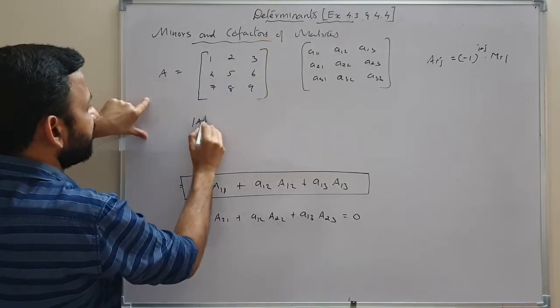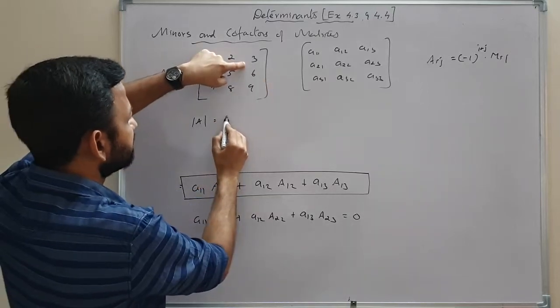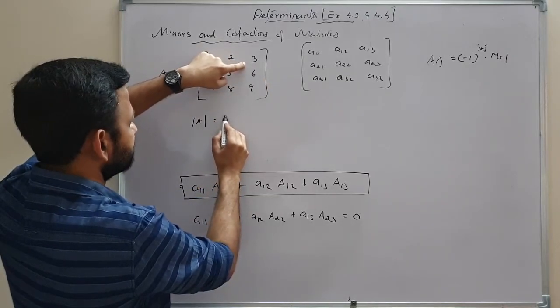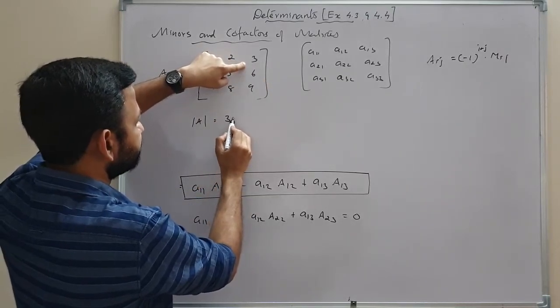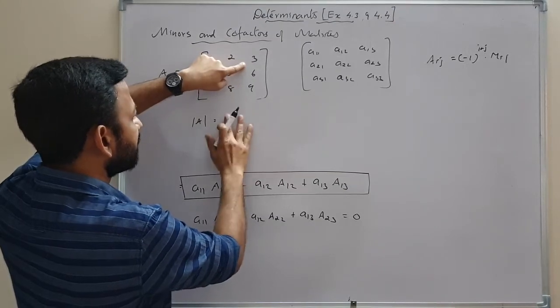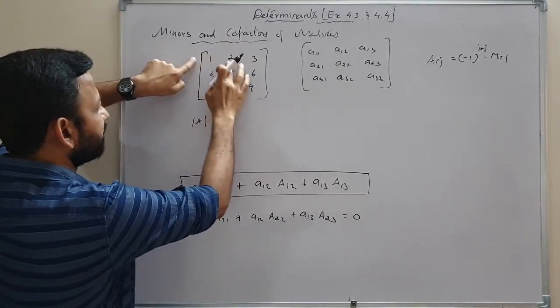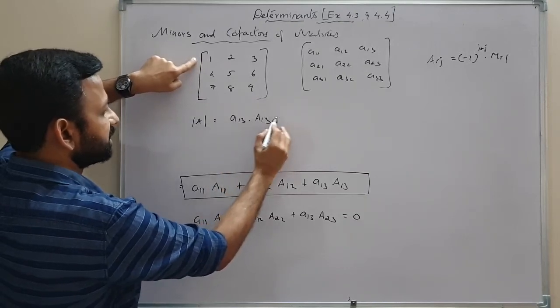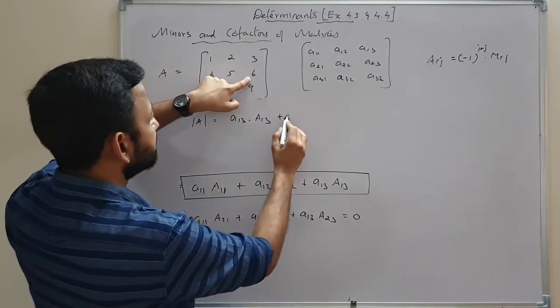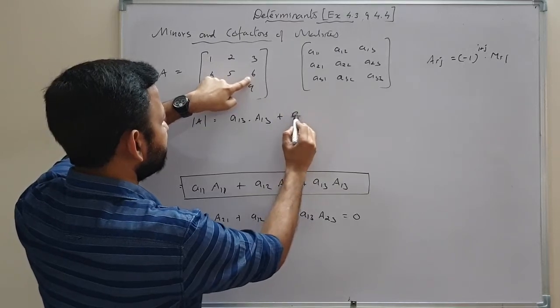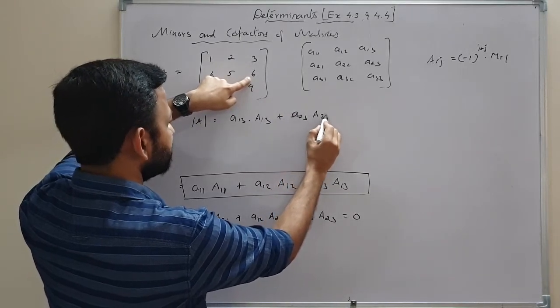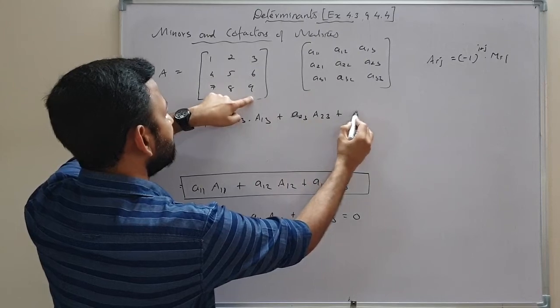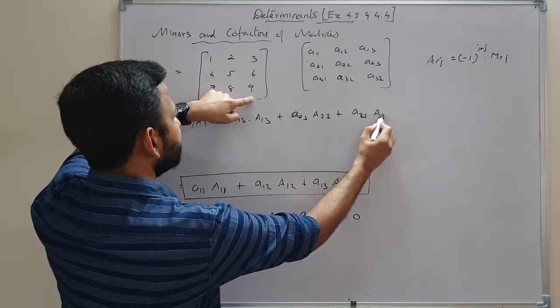So the determinant A will be A13 into A13 plus A23 into A23 plus A33 into A33.